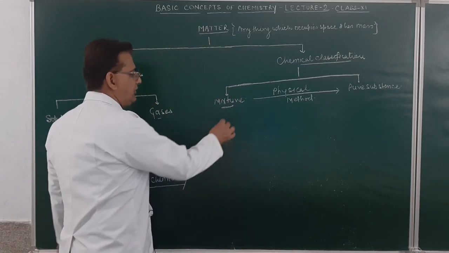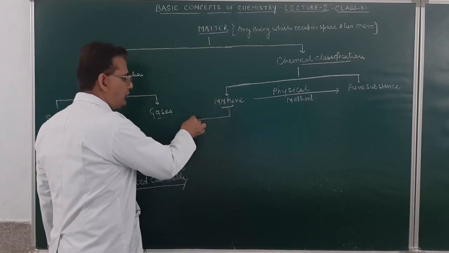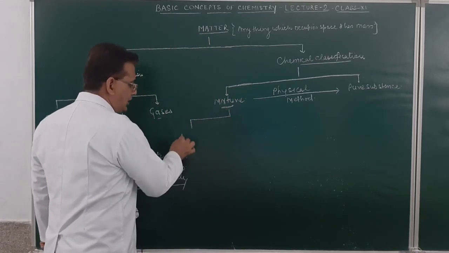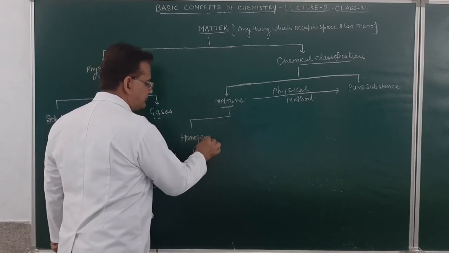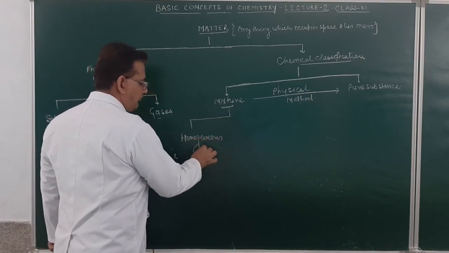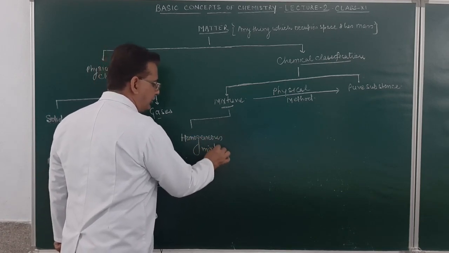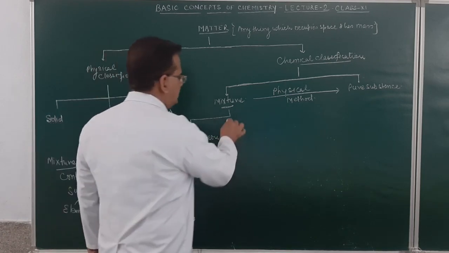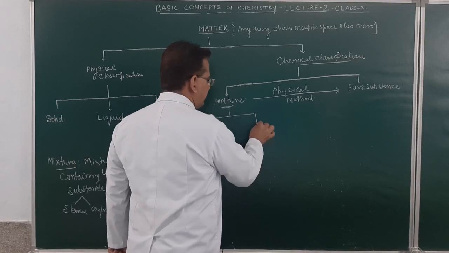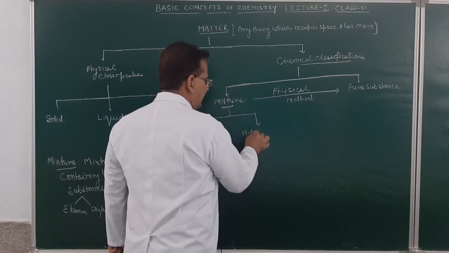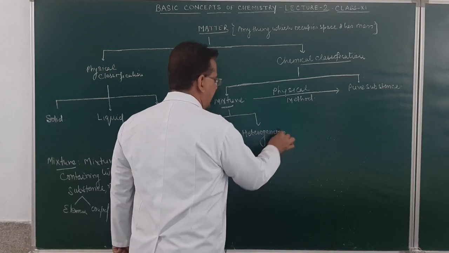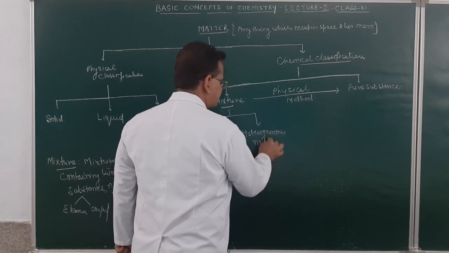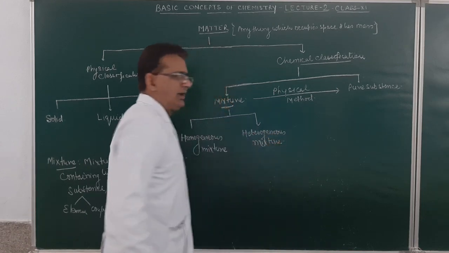If the components of the mixture are mixed homogeneously or uniformly, it can be classified as homogeneous mixture. Mixture can either be homogeneous or it can be heterogeneous. Am I clear?